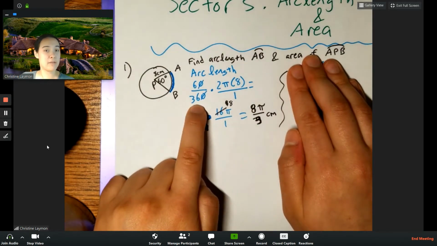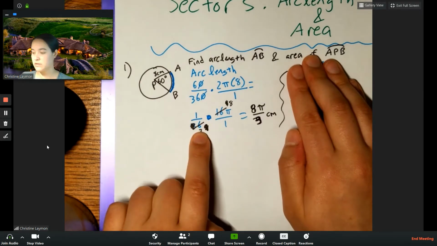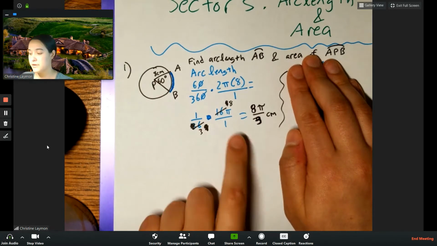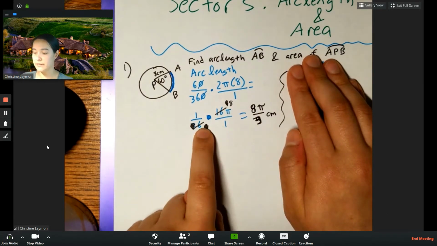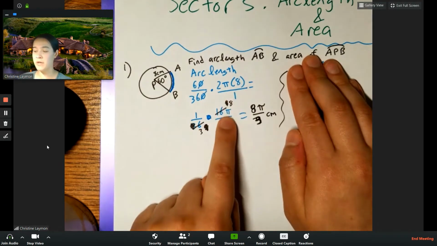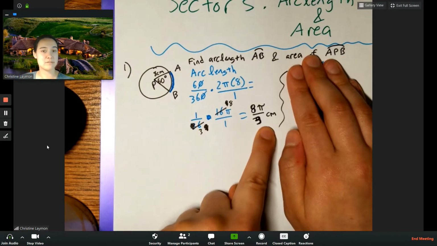I can then divide both of those by 6 to get 1 over 6. So that means I have 16 pi over 6, but both of those are even numbers. 16 divided by 2 gets me 8, and 6 divided by 2 gets me 3. So I have 8 pi on the top and 3 in the bottom. So 8 pi over 3 centimeters.